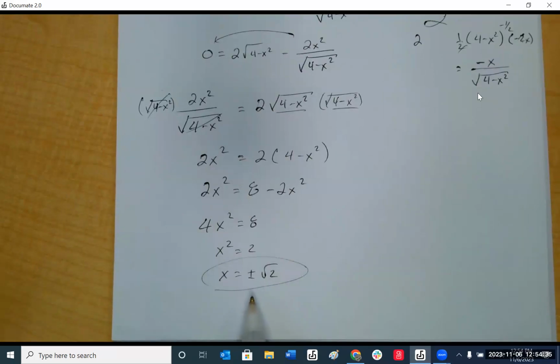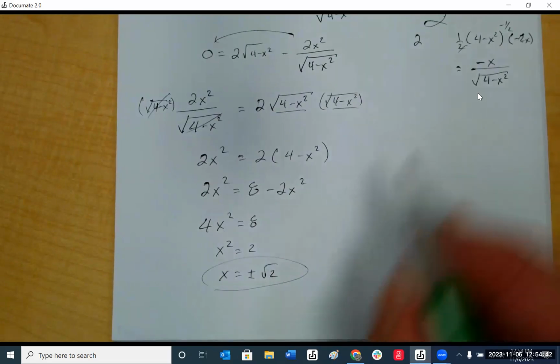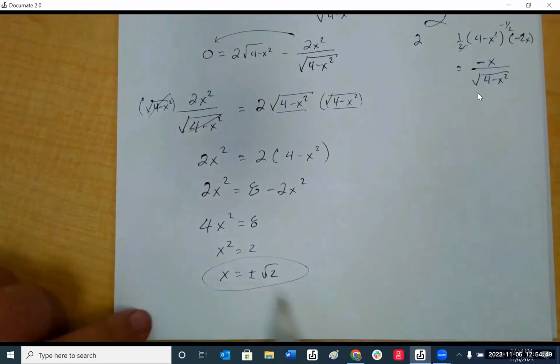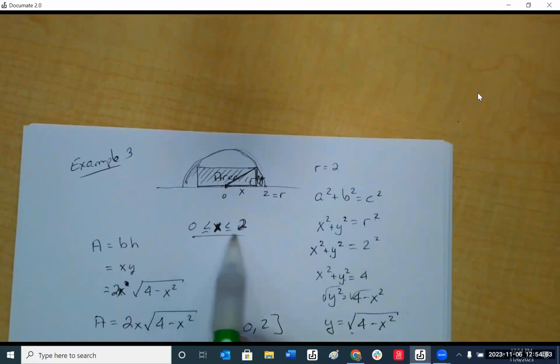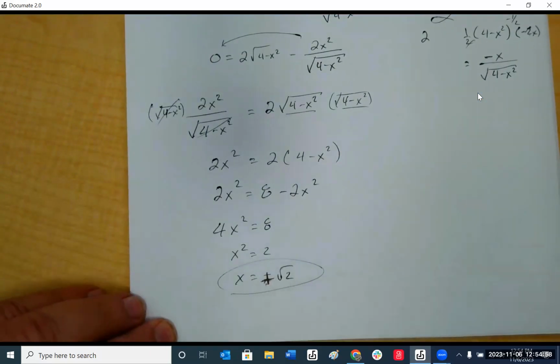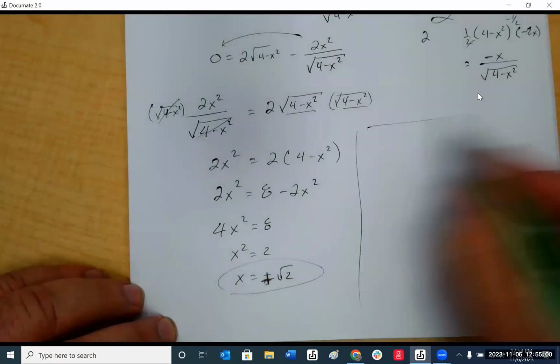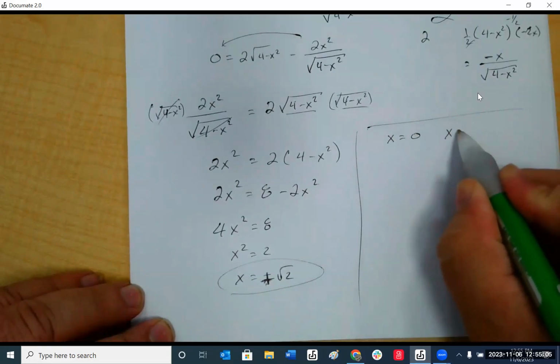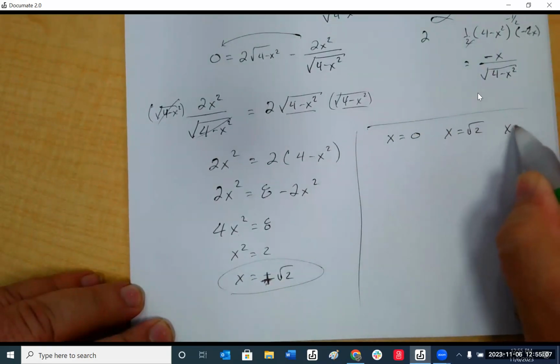Okay, so we have the x dimensions. Which one can we not use? We can't use the negative because the domain is between 0 and 2. So what we have to do is check x equals 0, x equals radical 2, and x equals 2.